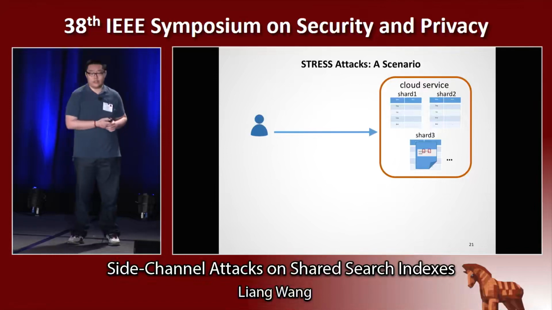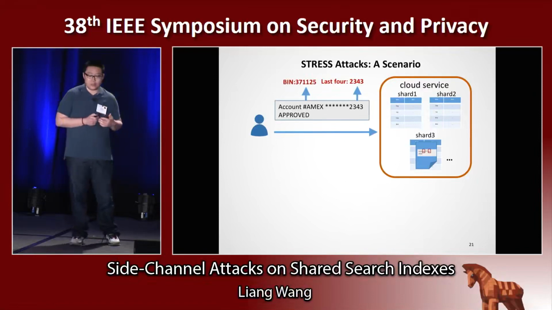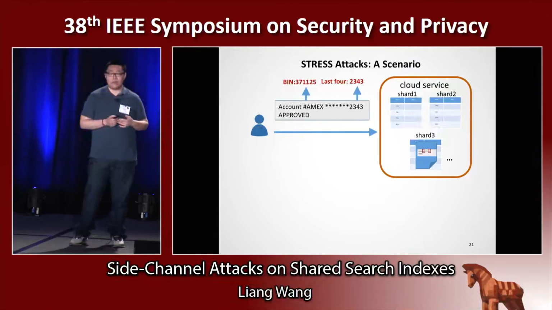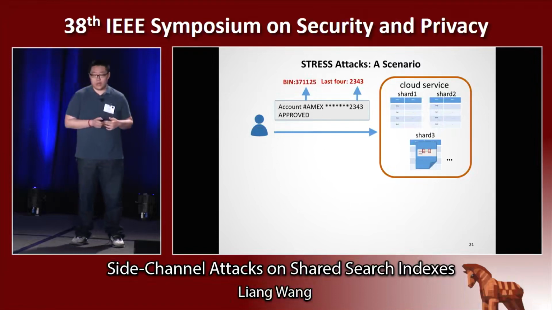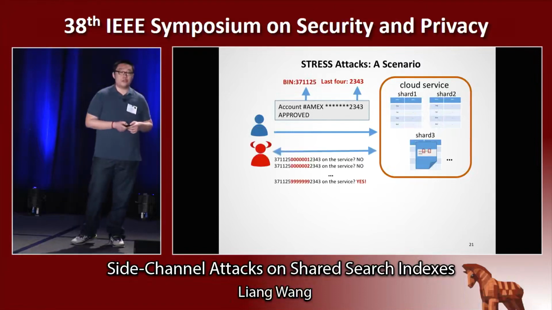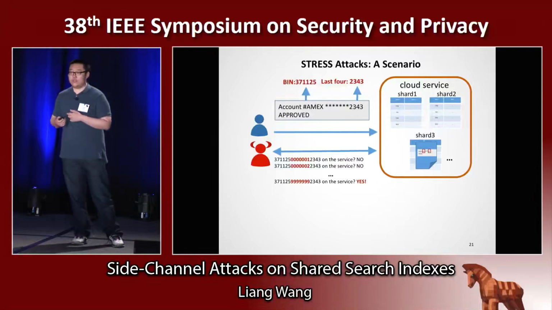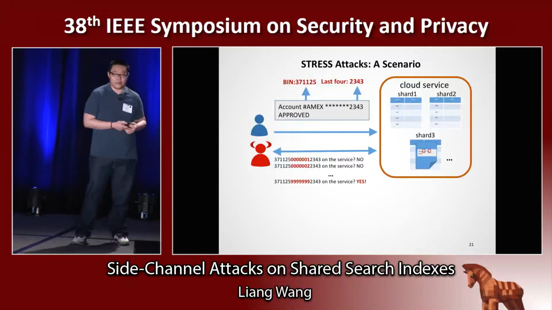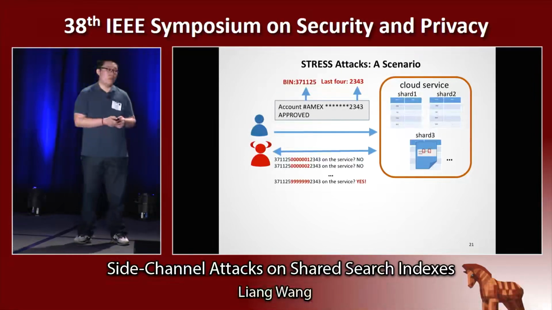And from other sources, like a restaurant receipt, the attacker knows the bank identifier number and the last 4 digits of Alex's credit card number. Then the attacker can use our attacks to brute force test all the possible credit card numbers that might belong to Alex and figure out which one is stored in the file.